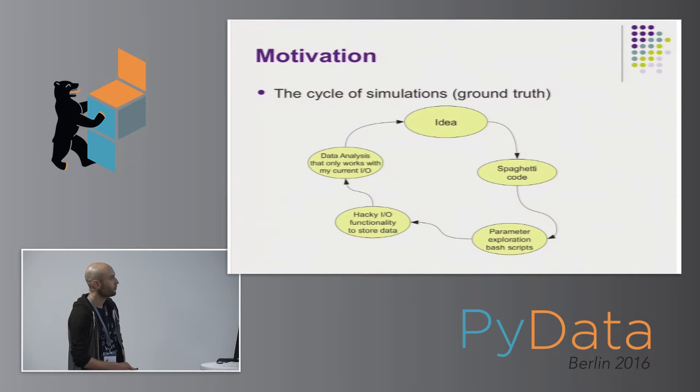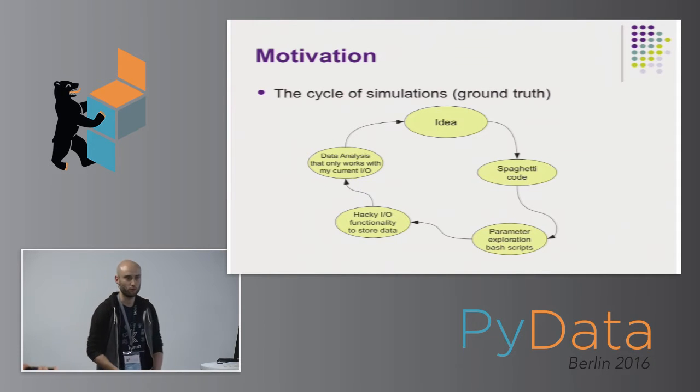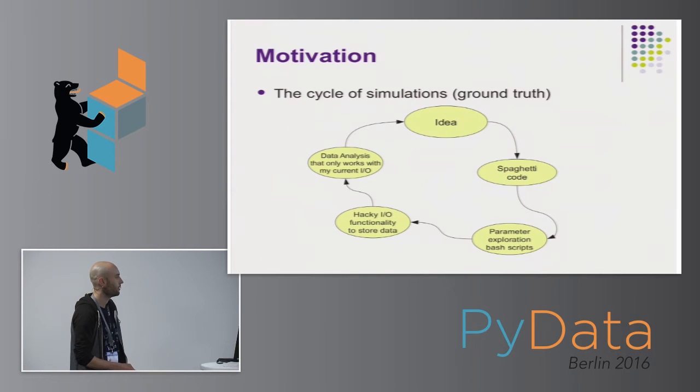And of course, I need to run my system with different parameter settings. So okay, I got my Python script here, so I have to start it again and again with different settings. The simplest thing I can do is, for instance, write some bash scripts that restart my Python executable quite some time. And of course, this churns out some results or data, which I somehow need to serialize and store to disk, for instance, using Pickle.